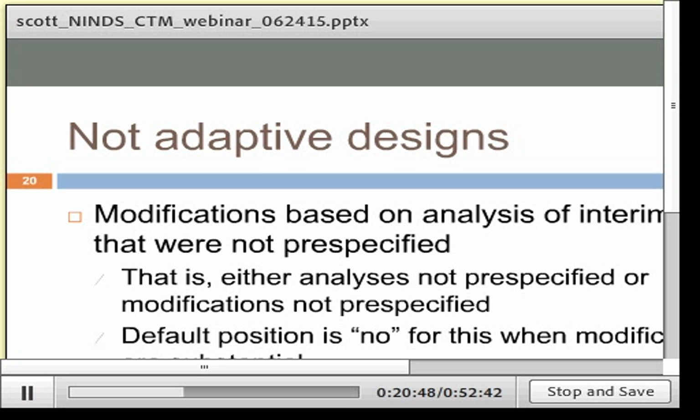That's also not considered an adaptive design, and in many cases, that kind of change is fine. But there will be a requirement to show that there was no peeking at the data, and also everyone will have to be assured that it won't permanently, really seriously damage the conduct of the trial.